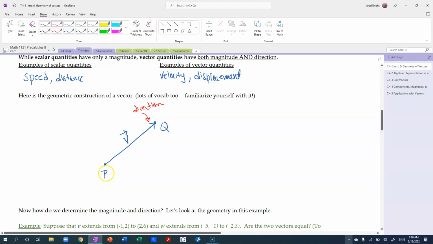Now this point P that the vector starts at, we call that the initial point. And Q, where it ends, we call that the terminal point. I sometimes use the language of final point, but terminal point is most common.